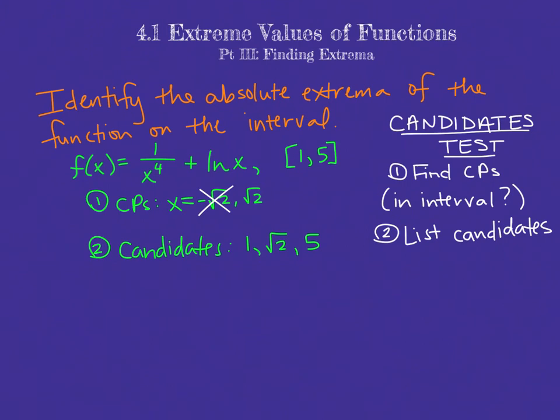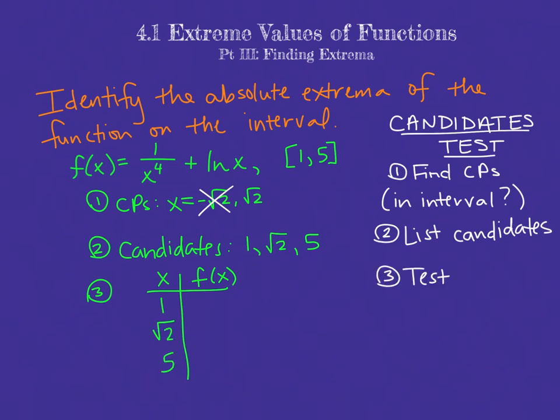These candidates are the x values that are in the running to be the absolute extrema, either the absolute maximum or absolute minimum. The way we determine which they are is we have to see their height or their y value on our function. So we have to plug them into our function to see which is the tallest and which is the shortest.